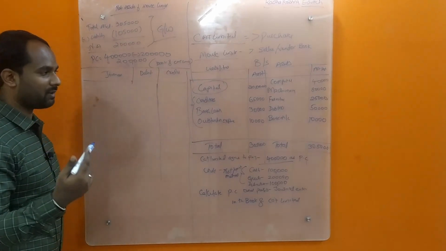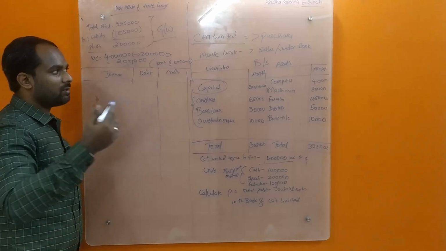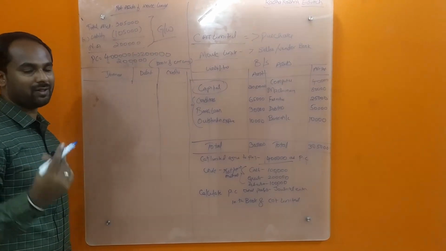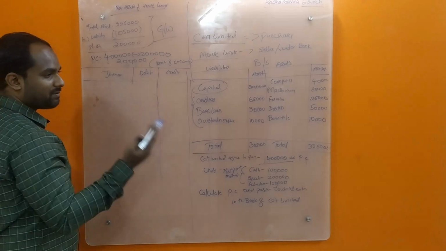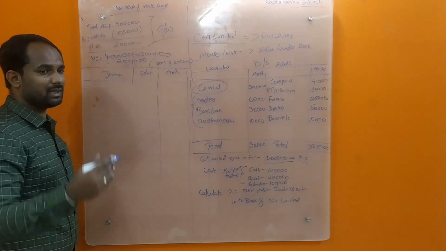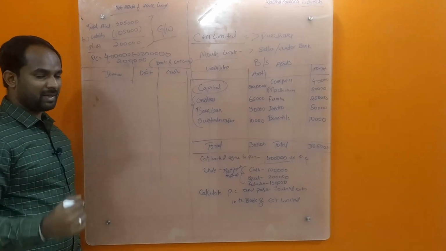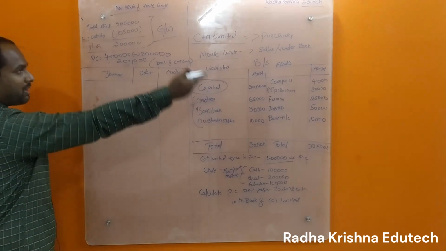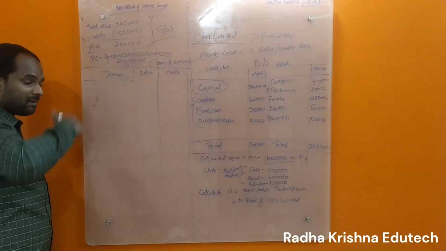Logically, when your asset is coming in, you always have to debit. When your asset is going out, you have to credit it. Liabilities are vice versa. Now from Mouse Limited to CAT Limited, assets are coming in.